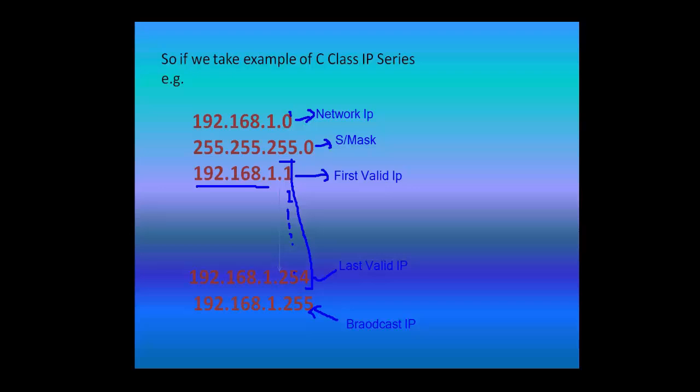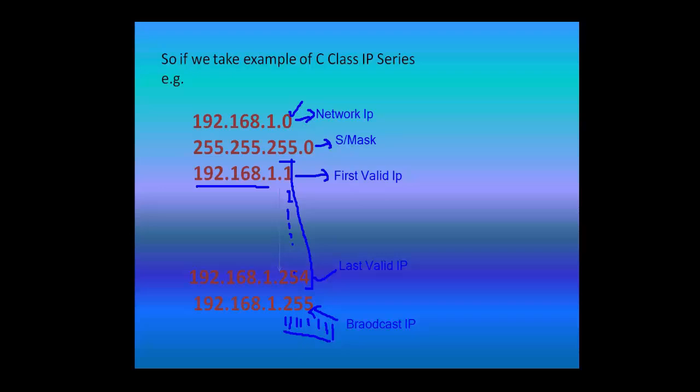The first IP is known as the network IP and the last IP of the series, because now if you see 1, 2, 3, 4, 5, 6, 7, 8, all the host bits become saturated now. We don't have more space here to put more devices because valid IP is up to 254, and 255 is known as the broadcast IP. And first is the network IP.